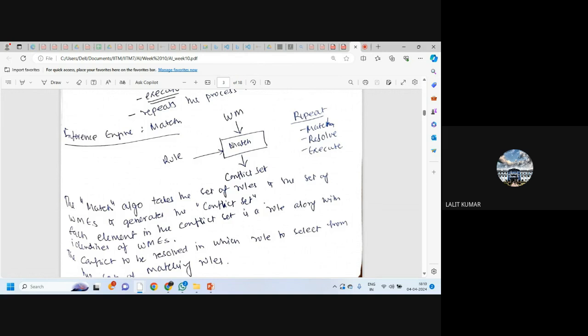So it will be computationally heavy and time consuming. So I'm taking the concept towards the Rete net, to see how we can avoid that. But before that, as I have covered, there is a match, there is resolve, there is execute, and we keep on repeating till some termination criteria.